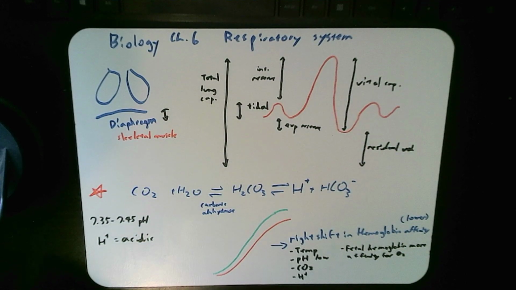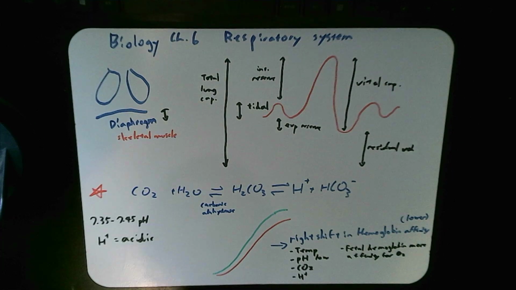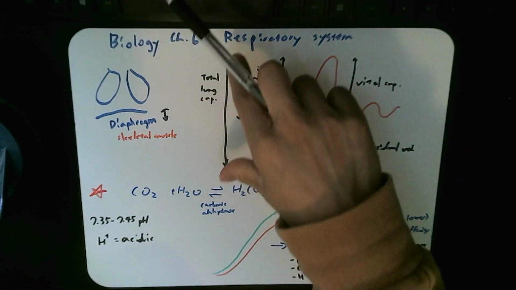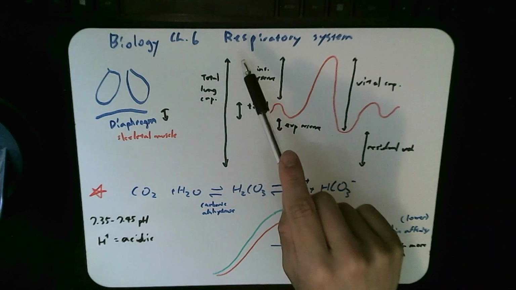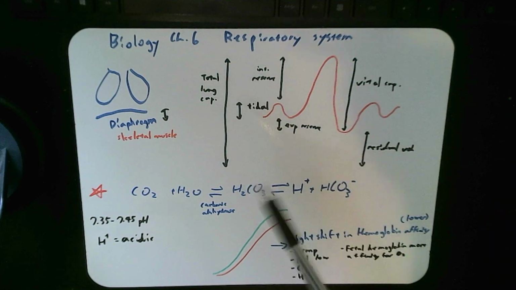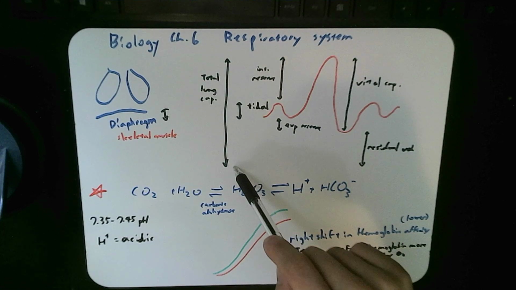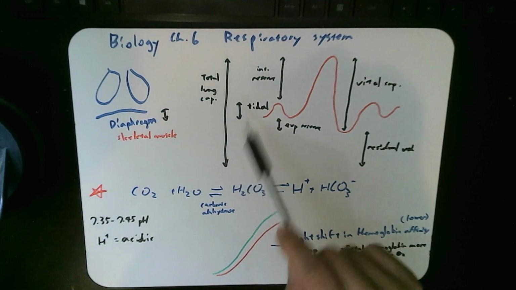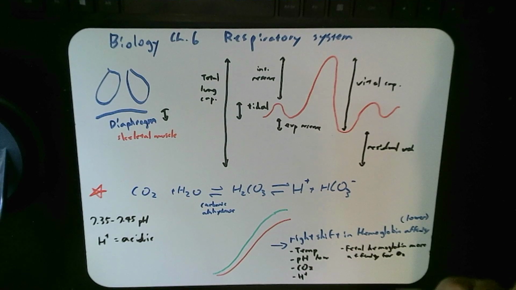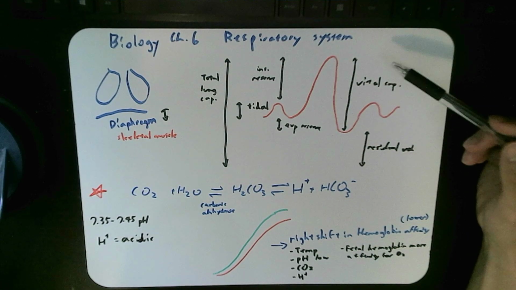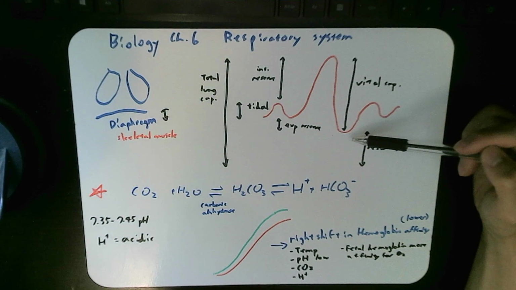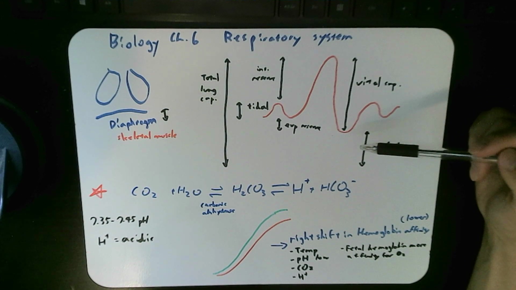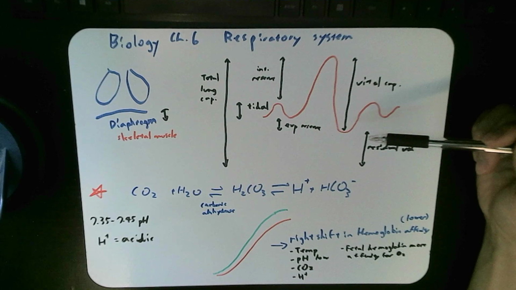Anyway, I've gone off topic, but here is your total lung capacity, which is basically just the maximum volume of air in your lungs. When you breathe in, you're filling up to the top, but when you breathe out, there's always going to be a little bit of air left in your lungs to keep your alveoli from collapsing onto themselves.